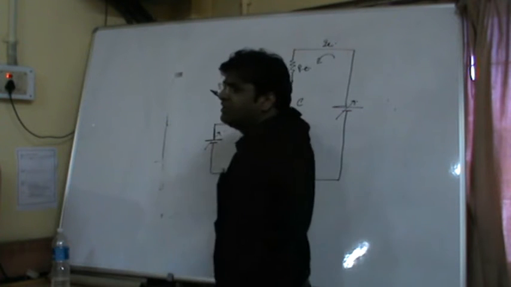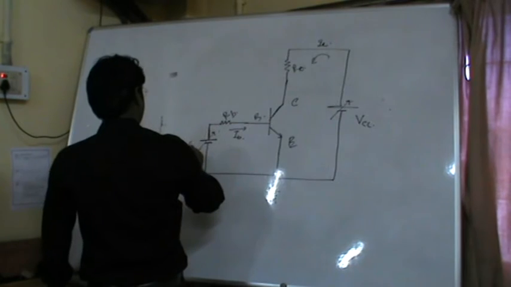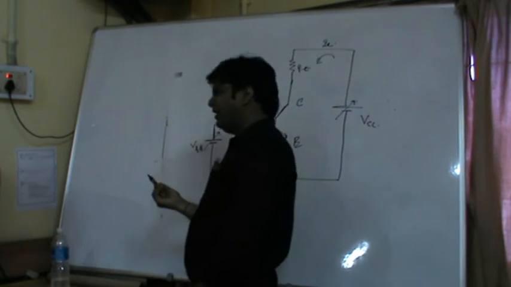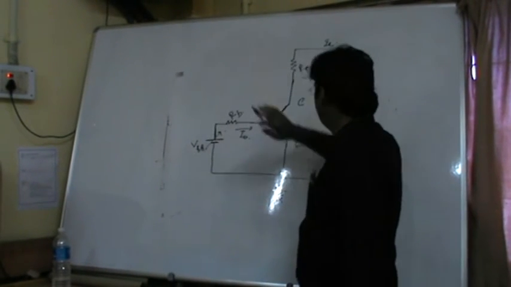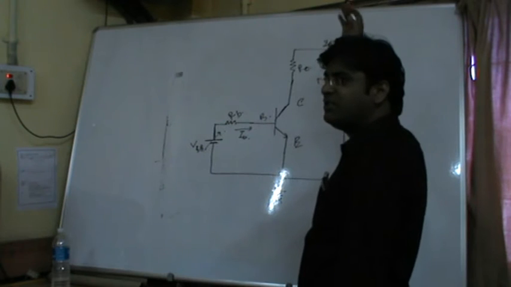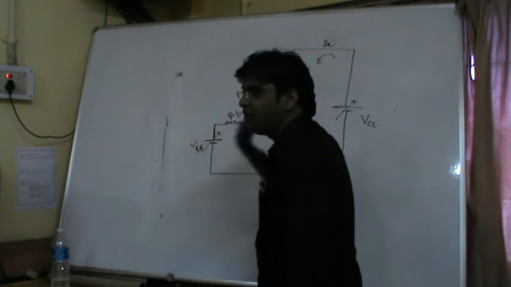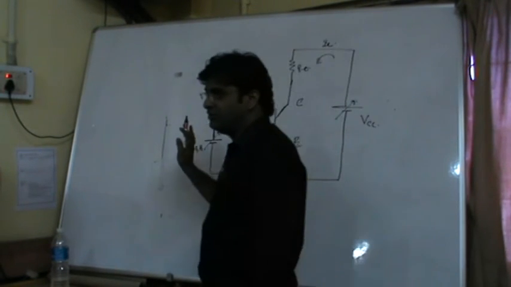I am just representing the notations. That is VCC and this is VBB. Why am I writing VBB? You could write VPP, VCC, VDD, whatever, there is no fixed notation. VB for base, VC for collector, VCC for that. Okay, nothing more. Clear?